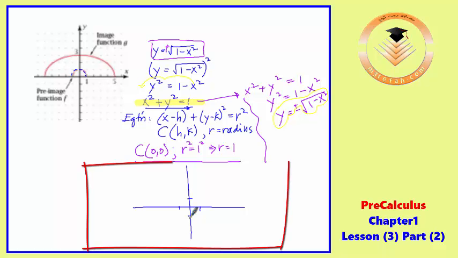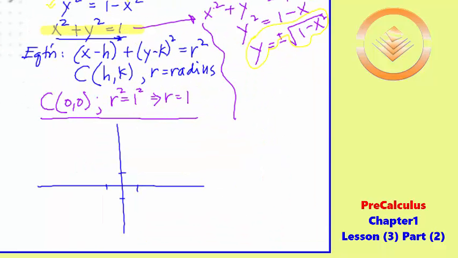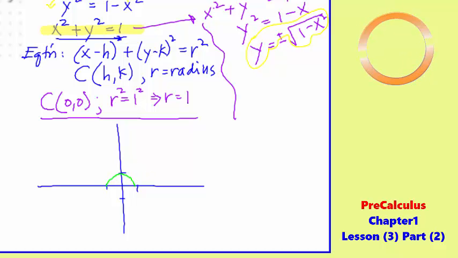a circle of unit 1. So let's graph. A circle of unit 1 would be, okay, it should be like that. But we are only concerned with the top part, the positive part, so I'm going to highlight this.